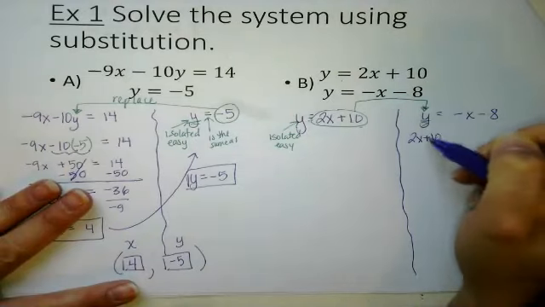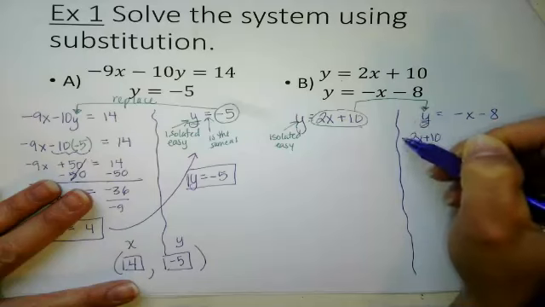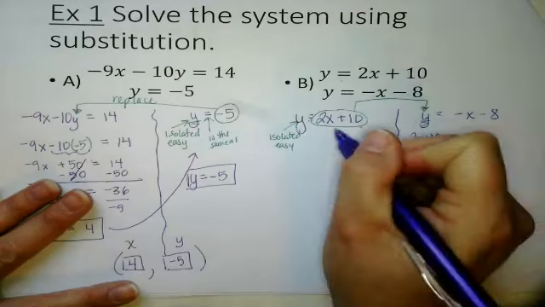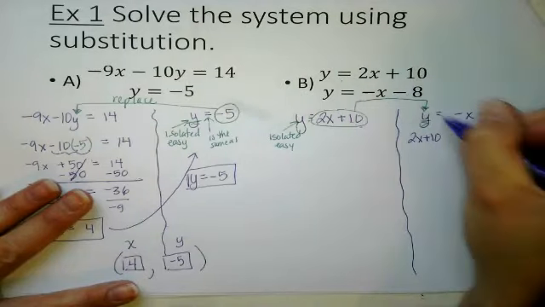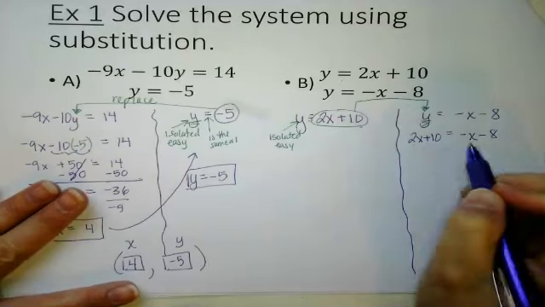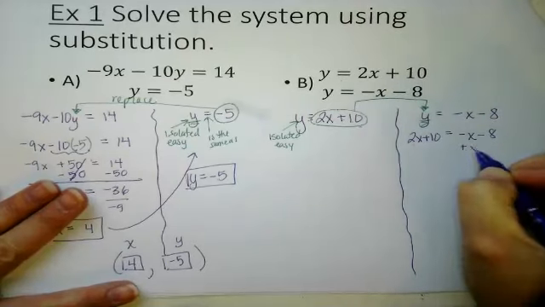You'll notice I didn't use parentheses. If there was a number like a 2 in front, then I would want to do 2 times the quantity 2x plus 10, but it's just y, so I'm just putting in this whole expression. Now I have x's on both sides, so they need to get together. So I'm going to add x.